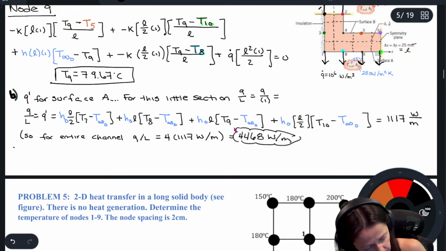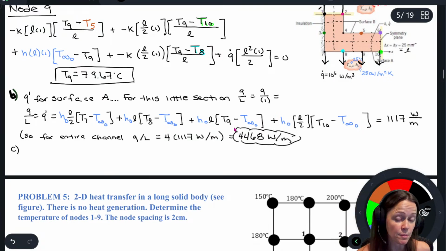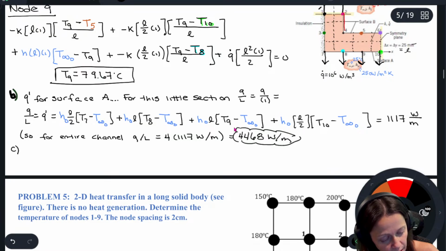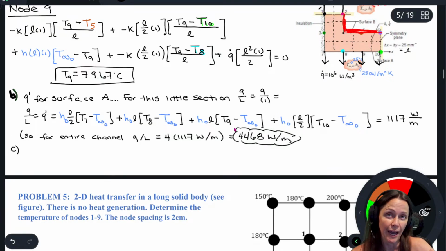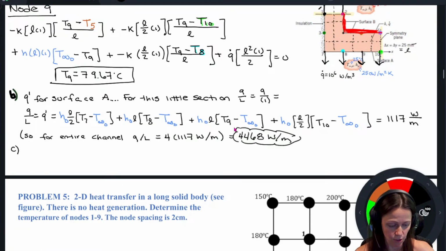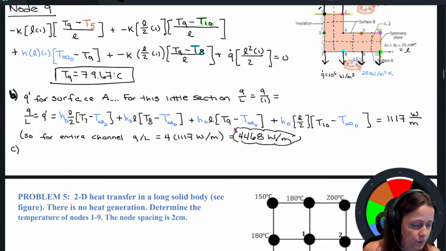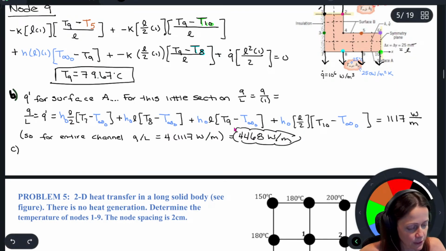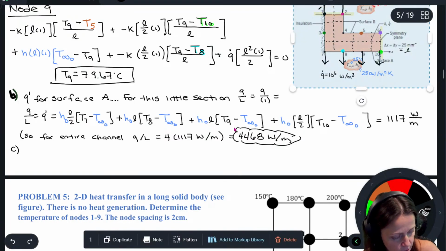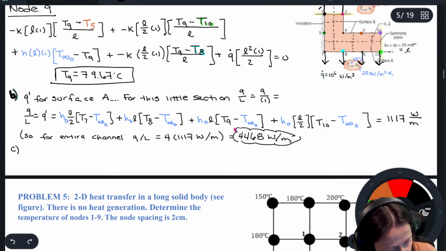All right. And then for part C, very similarly, you calculate it for this whole section right here, but you'd have 4 equivalent sections through which you're having heat transfer. So I'm going to calculate it for each of these. So I'm going to have a Q going this way.